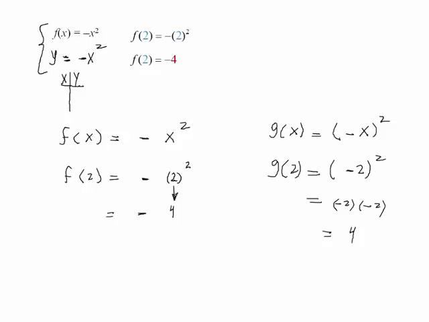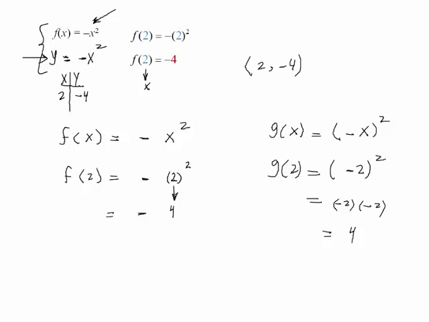So when I ask you what f of 2 is, it means when x is equal to 2, what is y, which is equal to -4. So really what we're finding is an ordered pair that passes through this graph at that point. So 2 and -4 is a point, or one solution, to this equation. So that's what it means.